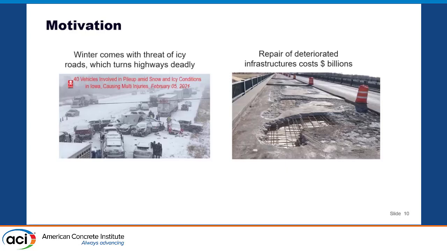To remove snow, we have to add salt, and removing the salt creates a lot of contaminated water. Another big problem is that UHPC does not have self-sensing capacity, so we cannot even avoid sudden collapse of structural integrity.